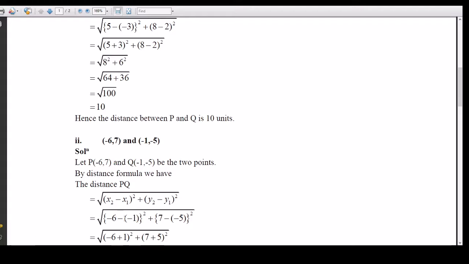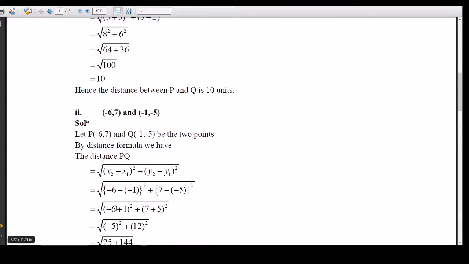Minus 6 minus minus 1: minus minus is plus, that is minus 6 plus 1 whole squared. Then 7 minus minus 5, minus minus is plus, 7 plus 5 whole squared.